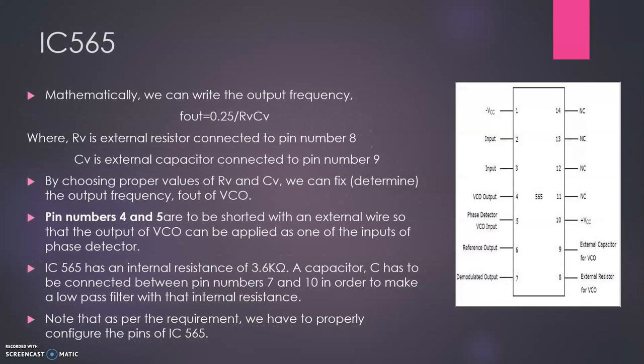Mathematically, we can write the output frequency as 0.25 divided by RB into CV, where RB is an external resistor and CV is an external capacitor connected to pin number 8 and 9 respectively.